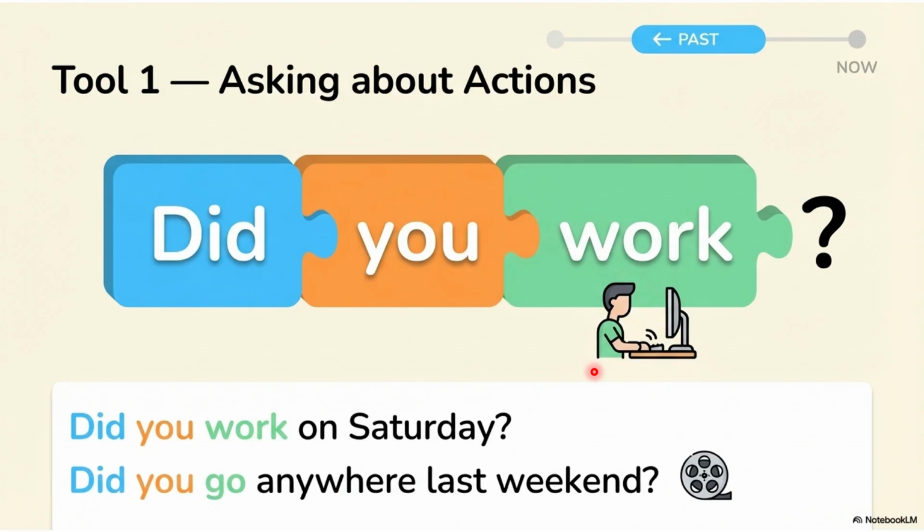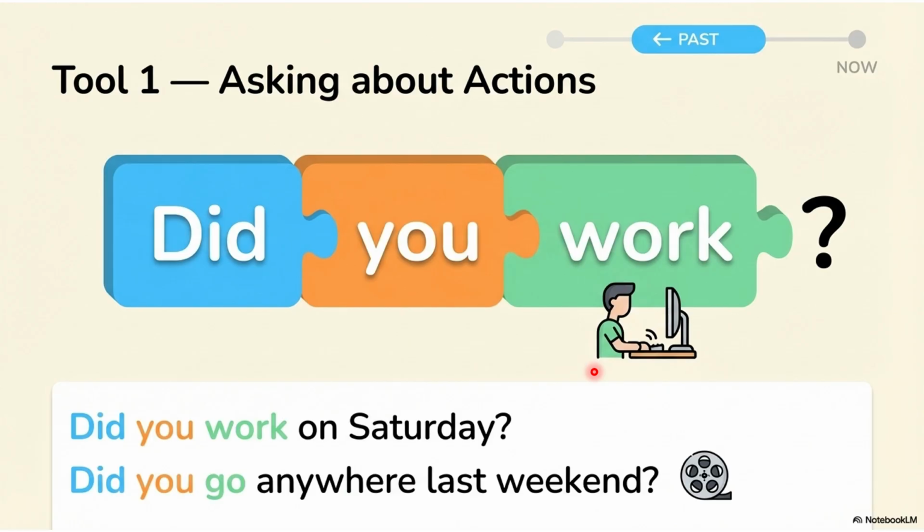The first tool, actions with did. Okay, so here we have asking about actions. Did you work? Right? This is a question asking about an action. We have here the verb work, which is a verb that represents an action.